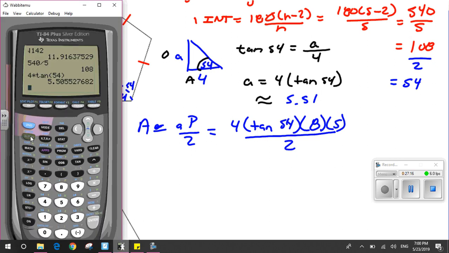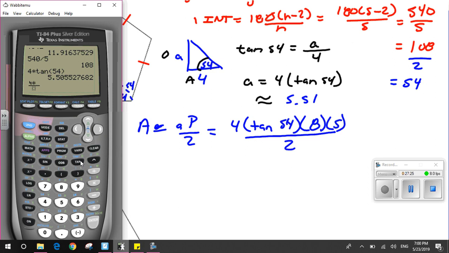So alpha y equals 1 to get my fraction. And now, again, 4 times tangent of 54 times 8 times 5 all over 2.